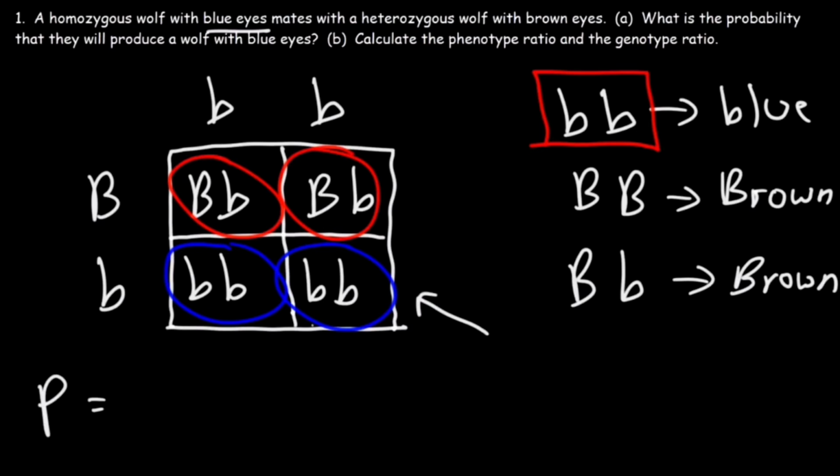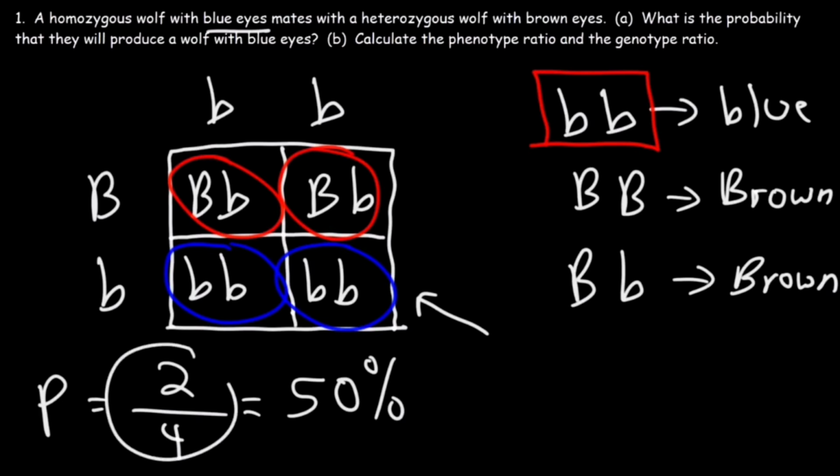In this case, there are 2 with blue eyes out of a total of 4. So 2 out of 4, that's 1/2, which is 50%. If you divide this, you'll get 0.5 in your calculator and then multiply that by 100. That will give you 50%. So that is the probability that they will produce a wolf with blue eyes.